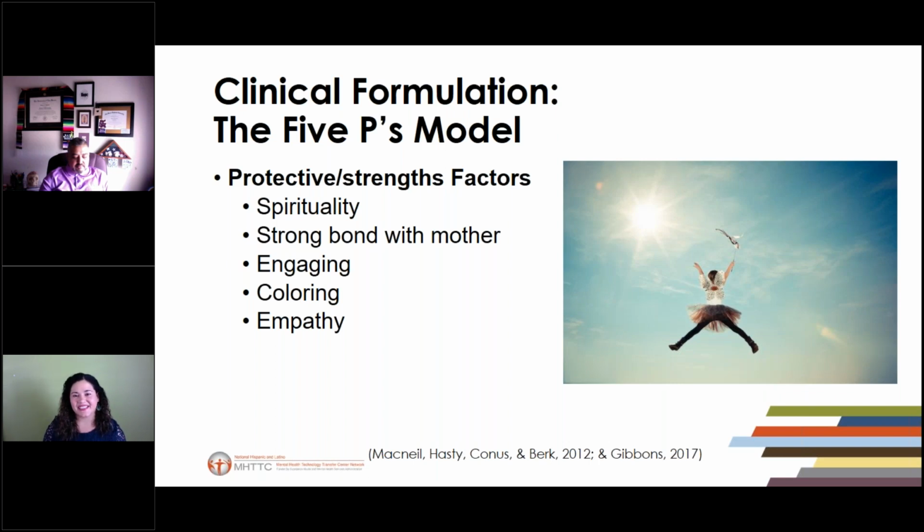So she was really engaging. She loved coloring and also writing letters. And she has a lot of empathy towards other people's needs. I think we need to acknowledge in our clients those strengths or protective factors that are present, because it will help us implement them inside therapy so we can reach the goal more easily.